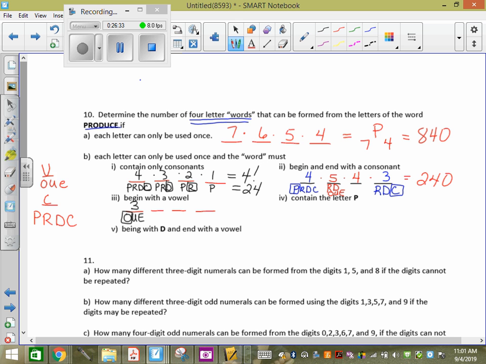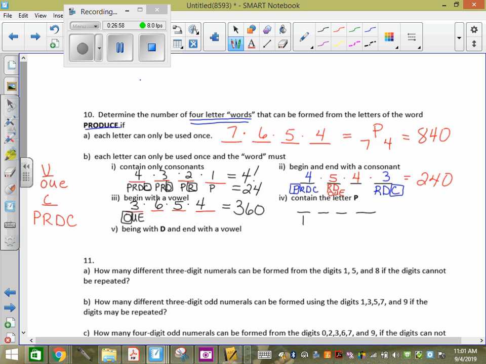I actually have P, R, D, C, U, and E still left. Correct? Because the only letter I used up right now is O. So I have 6 letters left for here. 5, 4. How much is that? 360.